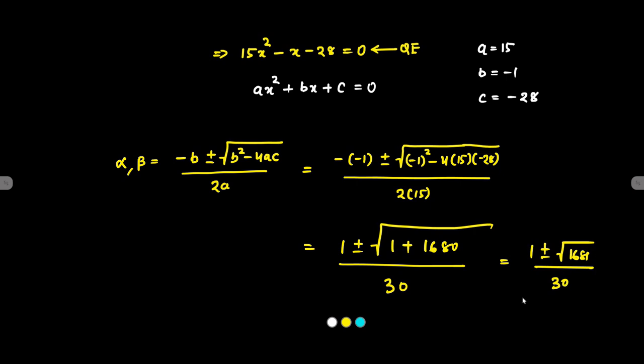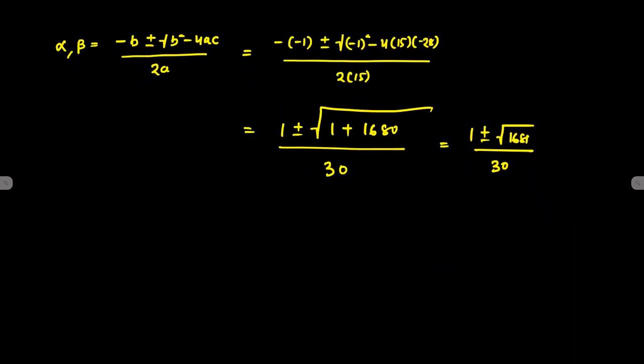So root over of 1681 is equal to 41. You can determine it through the standard square root determination method. So it is equal to 41. So 1 plus minus 41 by 30.